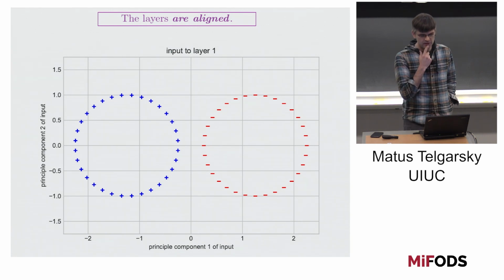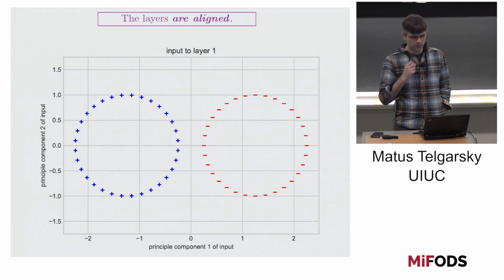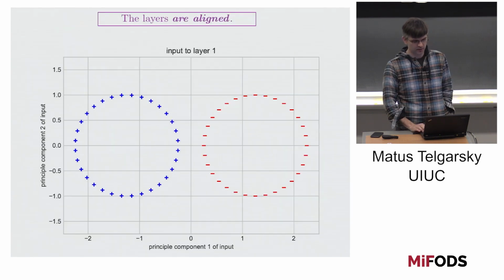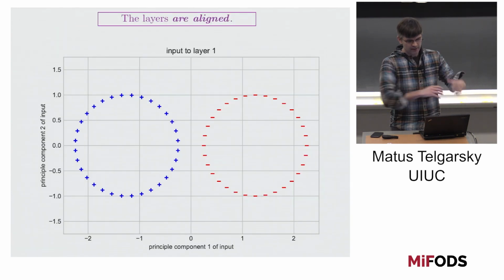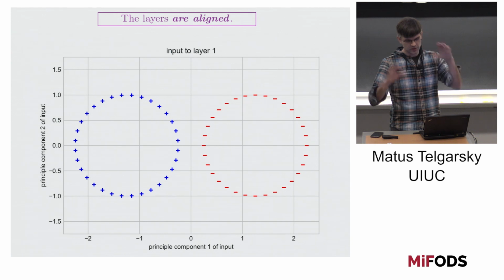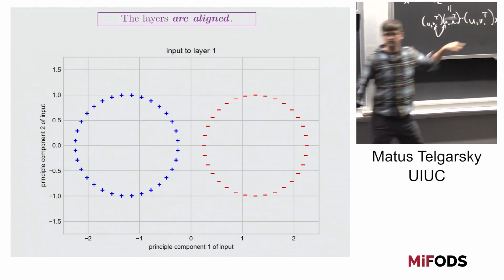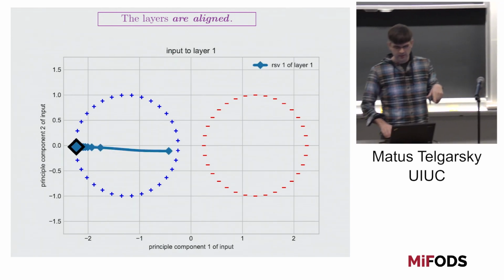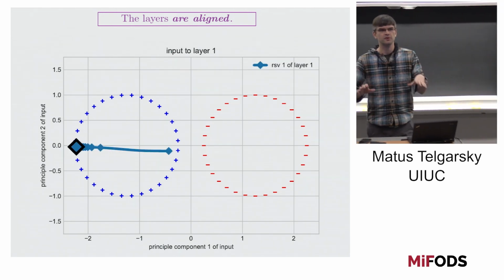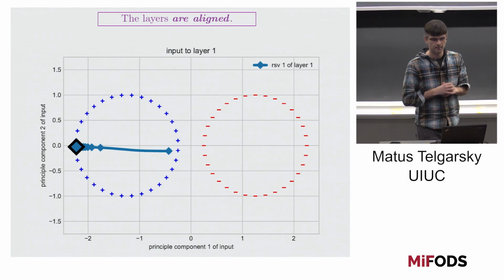Now, what it means in pictures is that here is the data that I was generating all these other plots from. It's these two concentric circles. The input data is in 2 dimensions. If I look at the first layer and I plot its first right singular vector, this thing already becomes the max margin predictor. So the first layer already learns a max margin predictor.